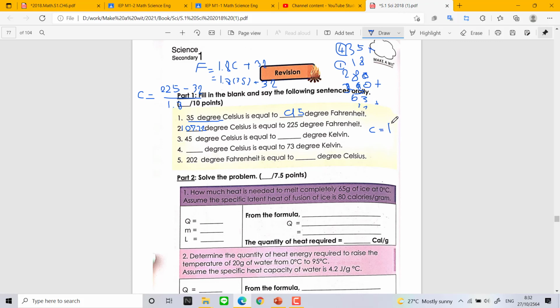K equals 273 plus C. So it's going to be 273 plus 45. The answer is 318.